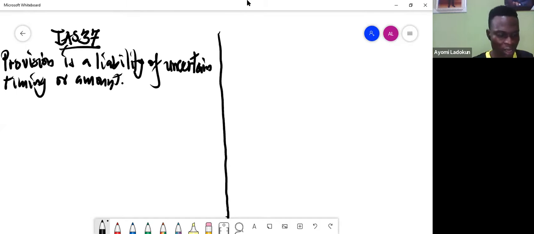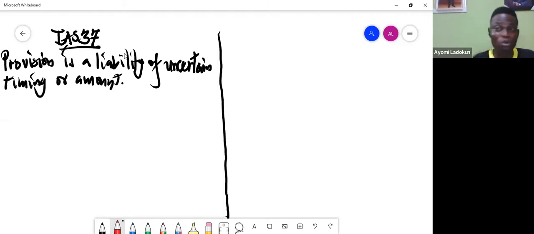Provision is a liability of uncertain timing or amount. Now, literally, what's the meaning of provision? When you try to provide for something, for example, you want to go to the market to buy stuff, and you are listing out what you want to buy. You want to buy kulikuli, 5 naira. You want to buy a calculator, 10 naira. You want to buy an exercise book, 15 naira.